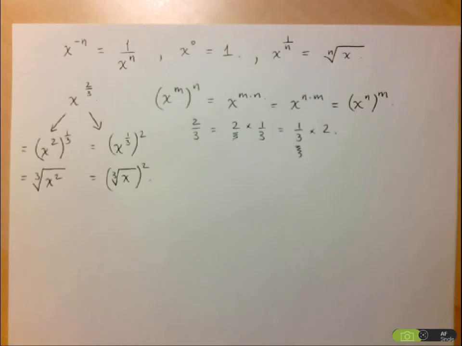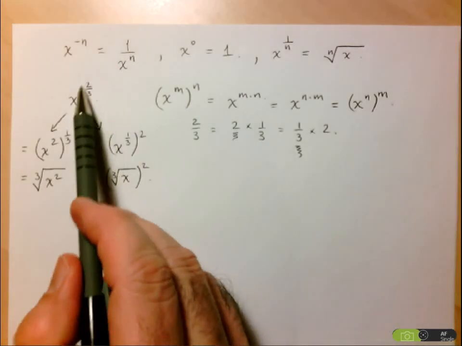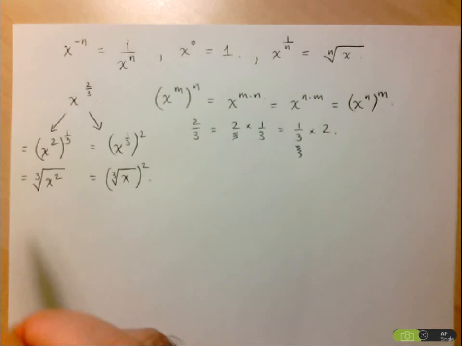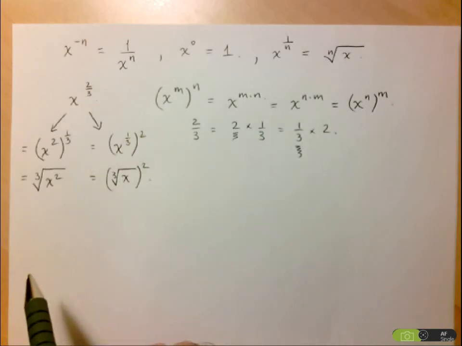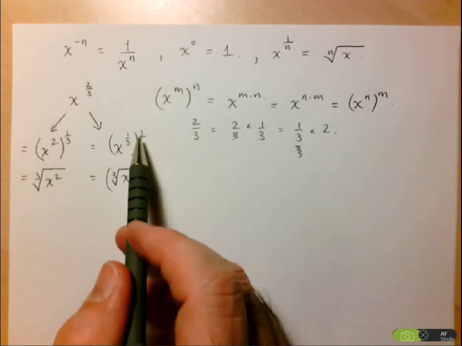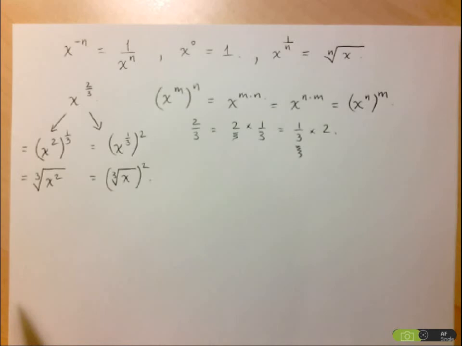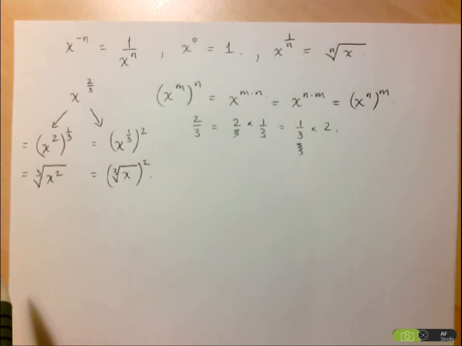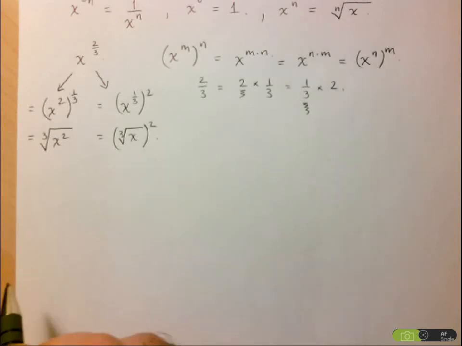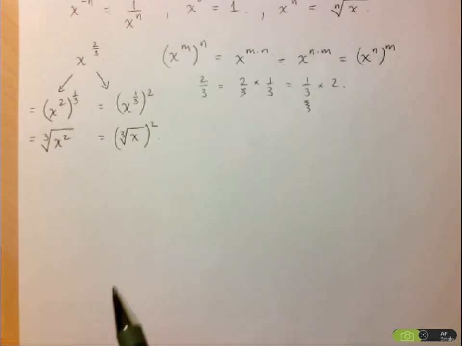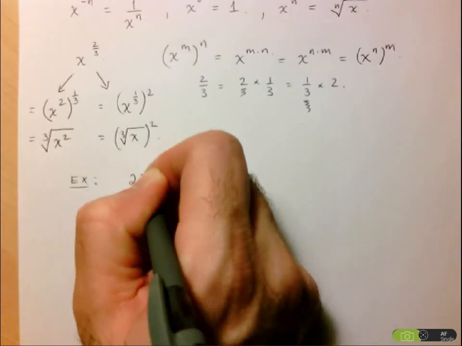So what I've managed to do is find a meaning for this exponent 2/3 by writing it as exponents that I already know how to deal with, namely a positive integer exponent and a fractional exponent with numerator 1. Either of these are equivalent. The question is which one to use. So let's look at an example. Let's say for my example, I have 27 to the 2/3.